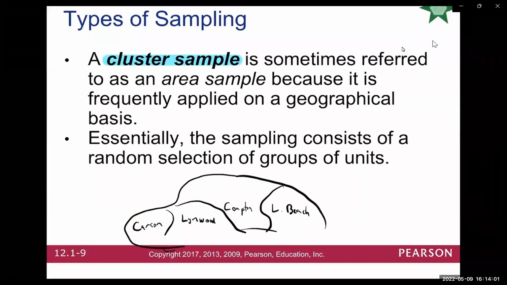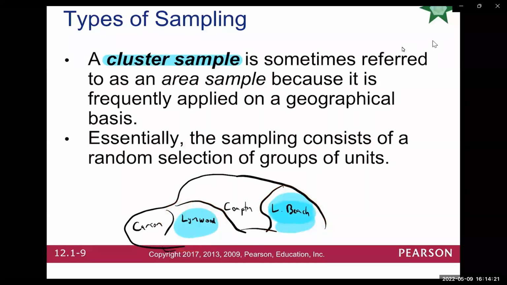You're sampling a random selection of groups of units. So maybe you're going to get everybody from Long Beach and everybody from Linwood. That would be an example of cluster sampling because you're getting everybody from here and everybody from here. And then you're going to make a generalization based on the data.